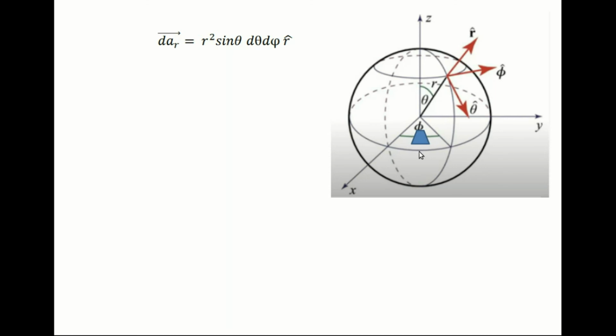That is theta cap. This area element can be written as dA theta and can be given by the equation dl phi into dlr, that is dr into r sin theta d phi, which is equal to r sin theta dr d phi in the direction theta cap.